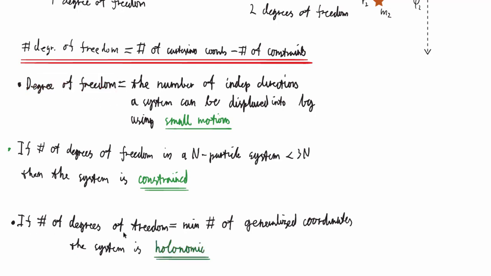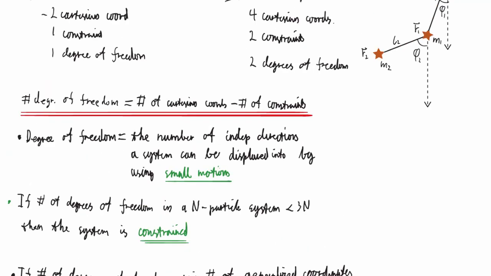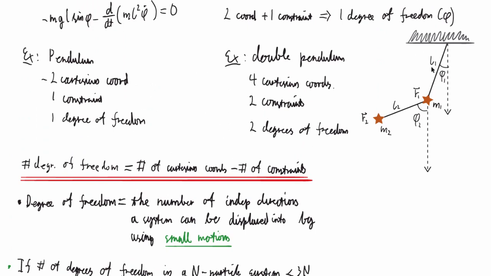So if the number of degrees of freedom equals the minimum number of generalized coordinates, then the system is holonomic. And it turns out we can only actually deal with holonomic systems. So if we look, for instance, at the double pendulum here, we have determined that we have 2 degrees of freedom just by looking at how these particles can move.